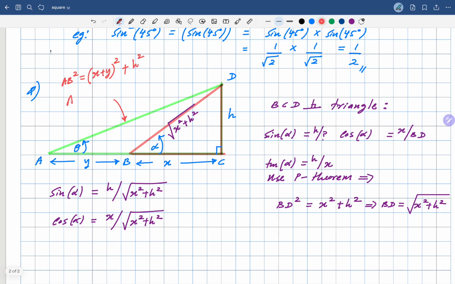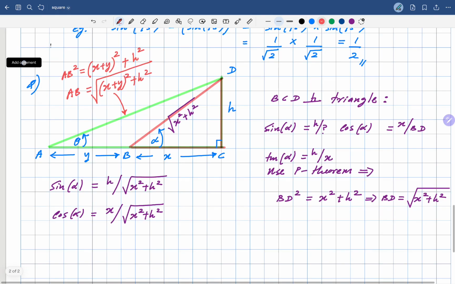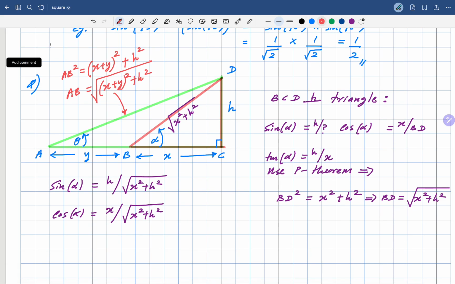So AD you can find, that's going to be the square root of this term. Now we have AD in terms of x, y, and h, which are the given details.